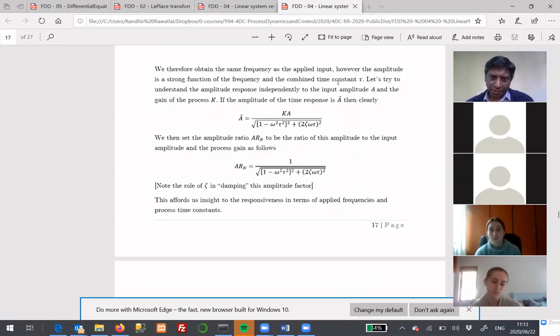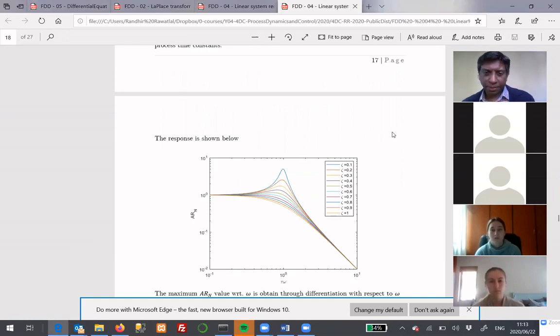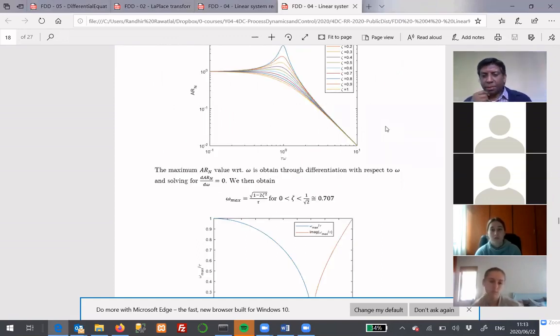So we can limit the extent of that oscillation by adjusting our control parameters, right? And we will come back to this. There is a follow-on section.